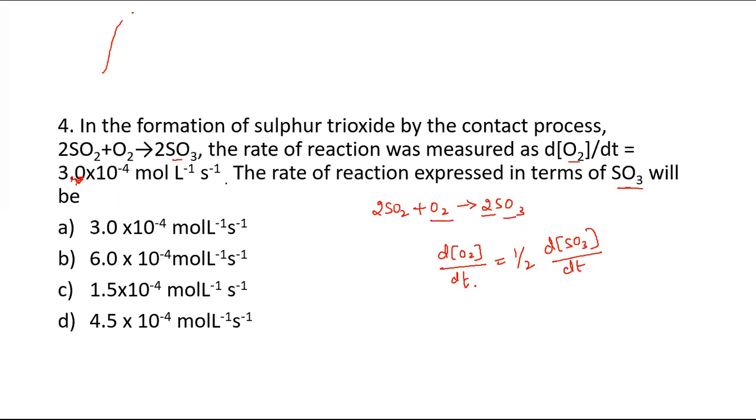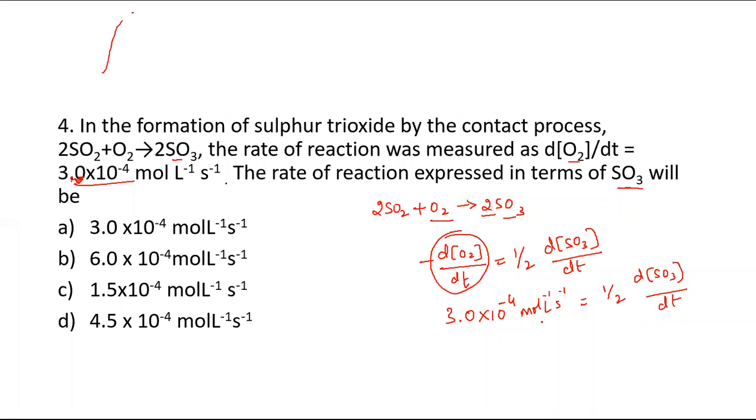So the value of dO2 by dt, since it is a reactant, would carry a negative sign, but they have not mentioned any signs here. They have given the values directly. On the product side, I am just taking the coefficient, since we have 2, it is 1 by 2 dSO3 by dt. The value of this is already given in the question, that is 3.0 into 10 to the power of minus 4 moles per liter per second is equal to 1 by 2 into the value of dSO3 divided by dt, which we have to find.